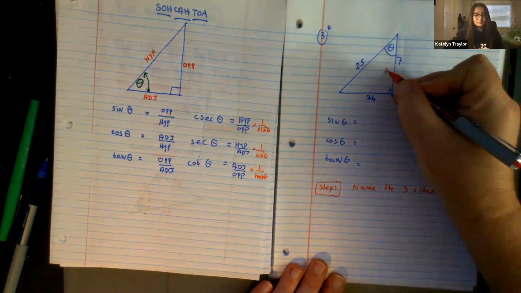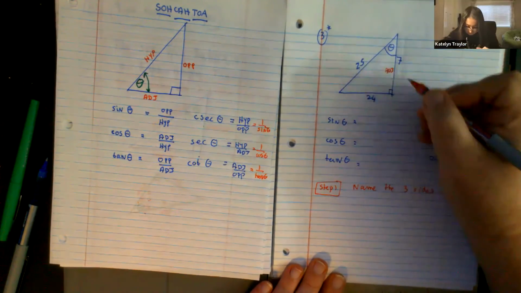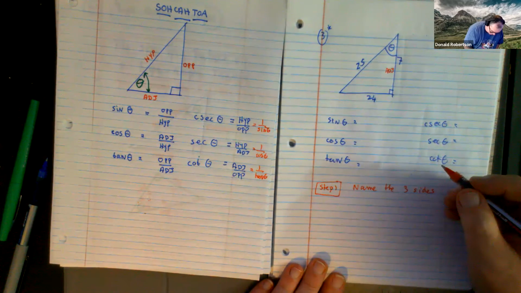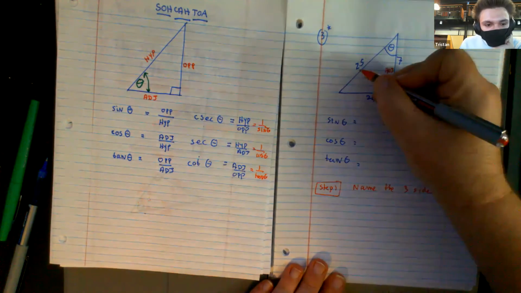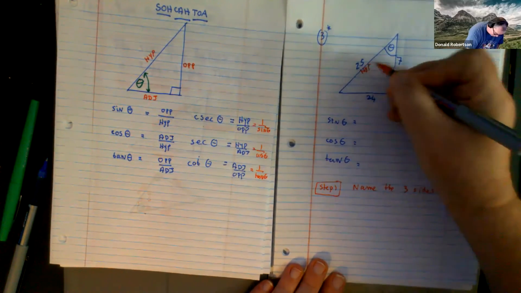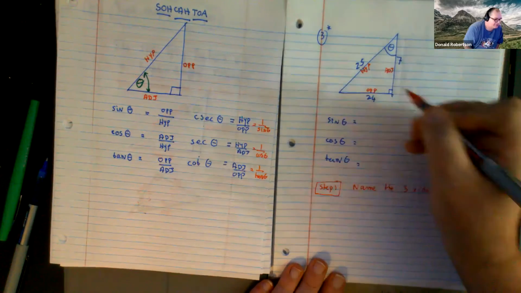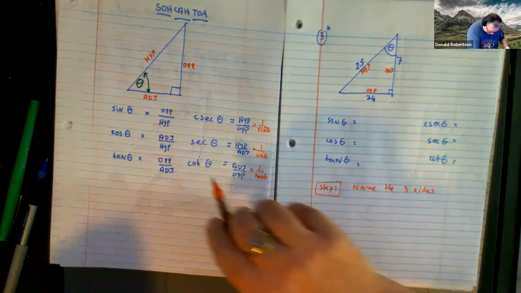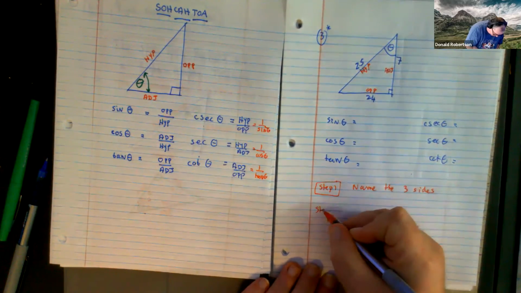Agreed. What name do we give to the 25? Hypotenuse. Agreed. Would you agree the third one has to be what's left, right? So if you know how you get 2 of them, you know how you get all of them. Well, that's step 1. Step 2 is pretty much the end of the line.